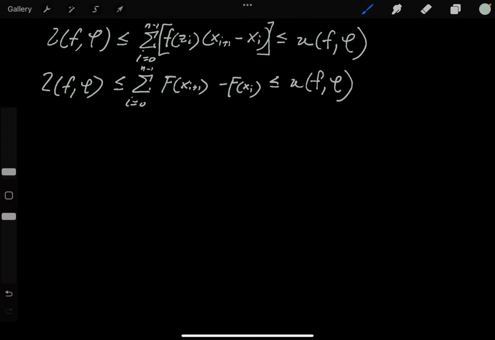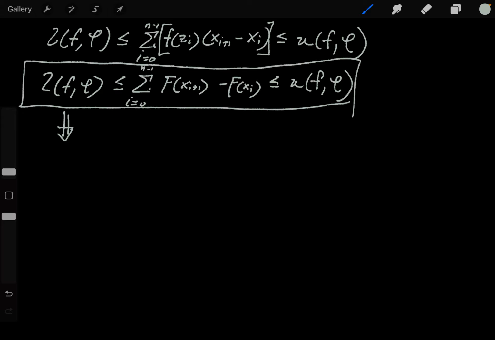And now, what I also said is that it must be the case that this inequality I wrote here was true of any partition. Now over all the partitions, you want to find the partition that maximizes the lower area, and we call that the lower Darboux integral.